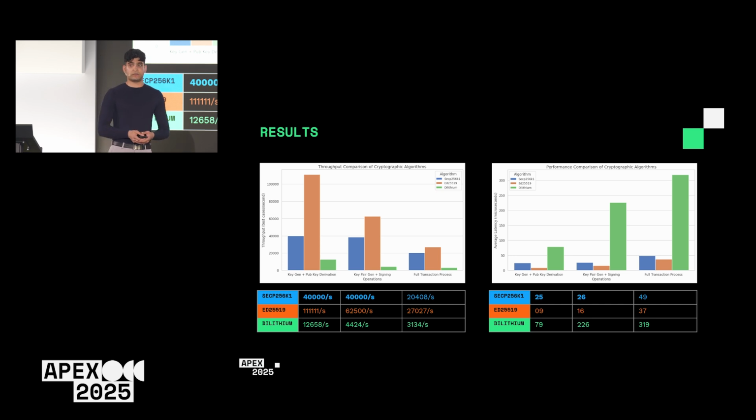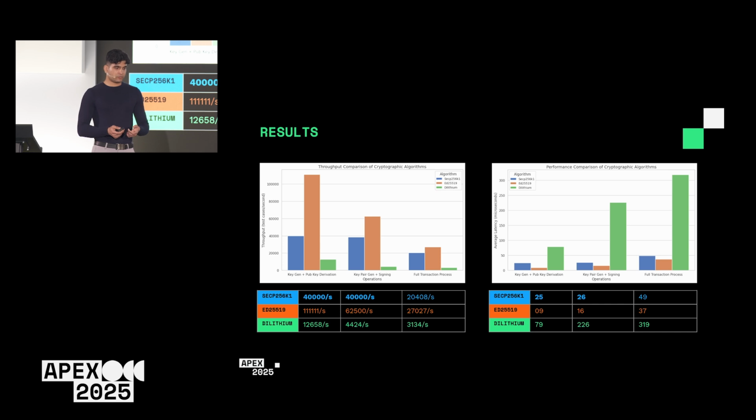From this, it is evident that Dilithium is slower than the two algorithms, given its complexity. On the right side, we have a latency comparison. From here, it is again evident that Dilithium is far slower than these traditional algorithms. But since this comparison is done in microseconds, it still is within acceptable limits.